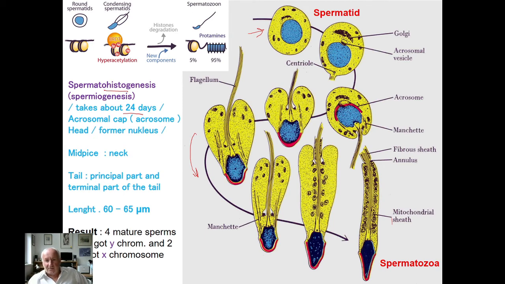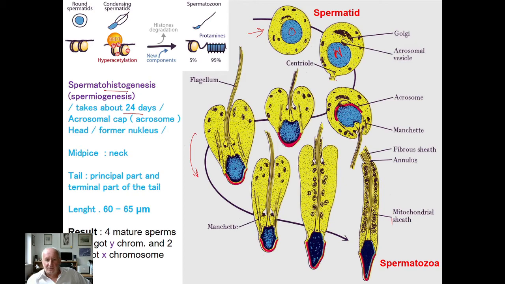And you see how the cell, which is round or slightly oval shaped, with a spherical nucleus, is changing and differentiating slowly and steadily into the right shape of the spermatozoa.